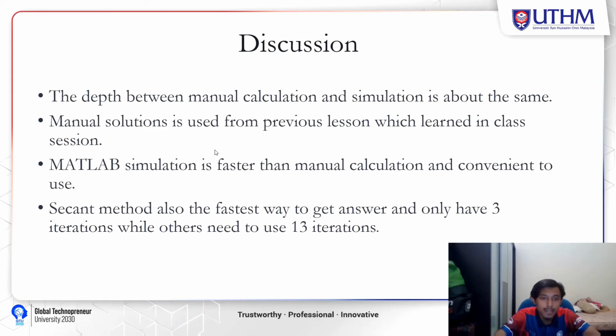We use the secant method because it is the fastest way to get an answer with only 3 iterations, while the Newton-Raphson method and the bisection method need 13 iterations.